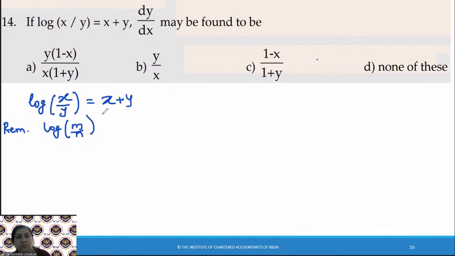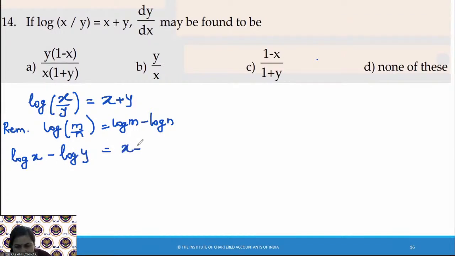The division rule for logarithm is log of m minus log of n. You remember that? So applying this over here on the left hand side, what will I have? It will be log of x minus log of y to be equal to x plus y.